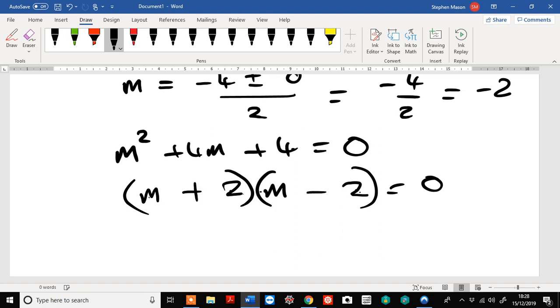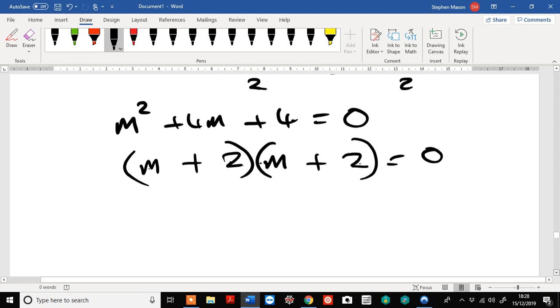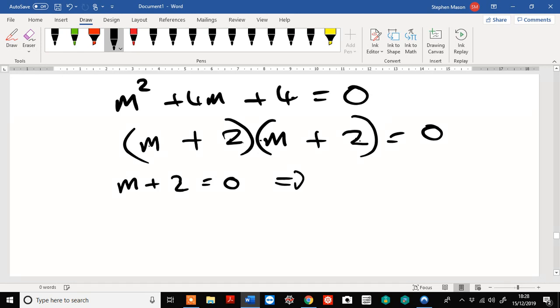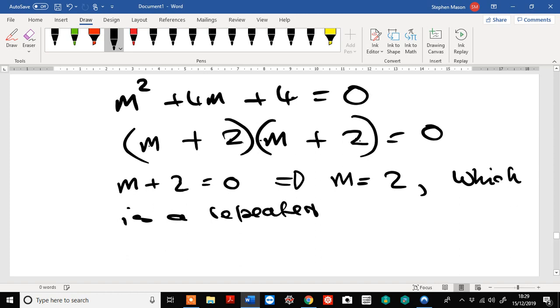So we have actually got a repeated root. So m plus 2 equals 0, which implies that m equals -2, a repeated root.